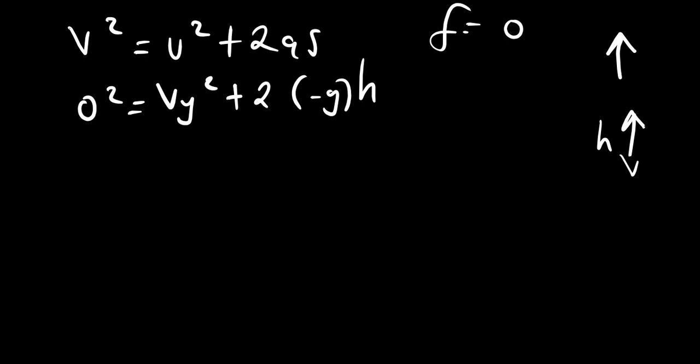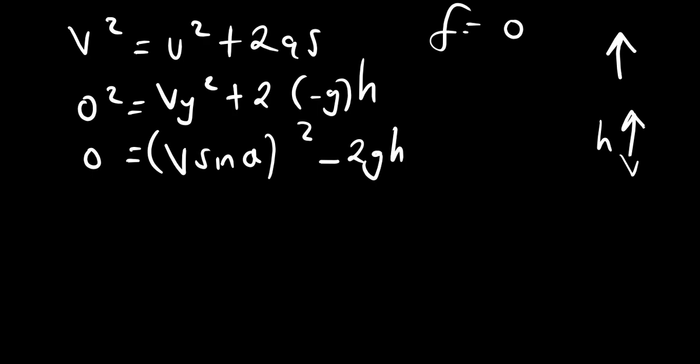Now if we solve, we have 0 is just equal to our Vy, which we've just said is V sine theta, but now this is squared, plus, or actually minus, because we have a minus there, so we have minus 2gh.